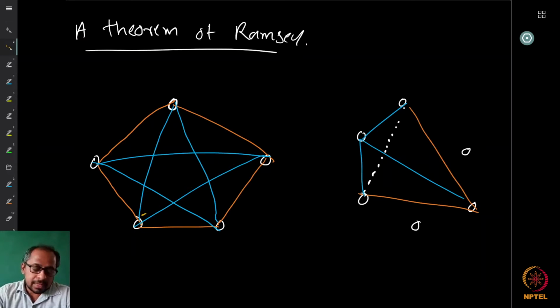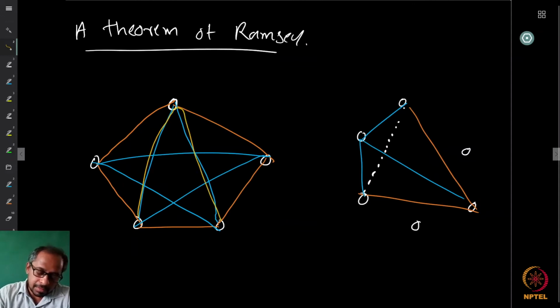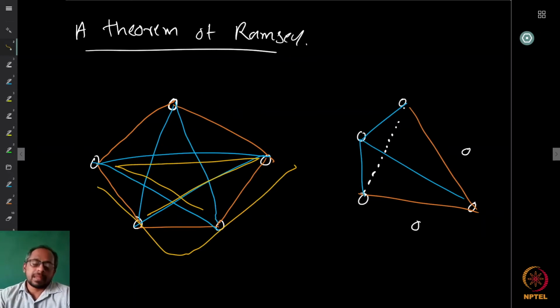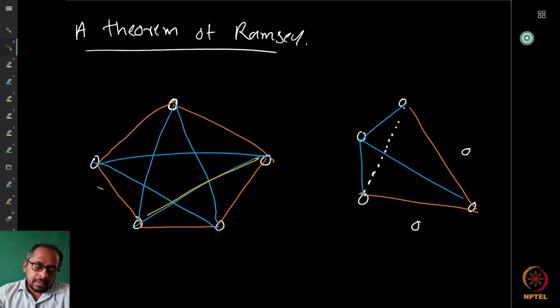So this colors all the edges, but the point is that you cannot find a triangle of the same color. If you take any of the blue edges, they never form a triangle. They form a five cycle, and outside also it forms a five cycle. So we needed at least six. So 6 is the smallest number with this property.